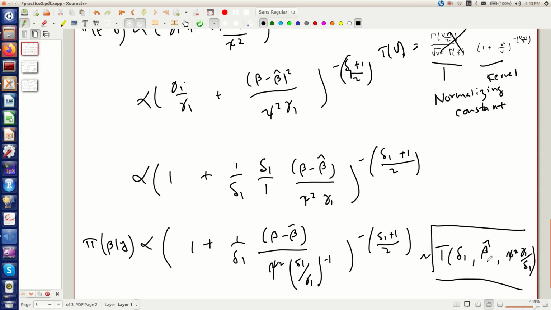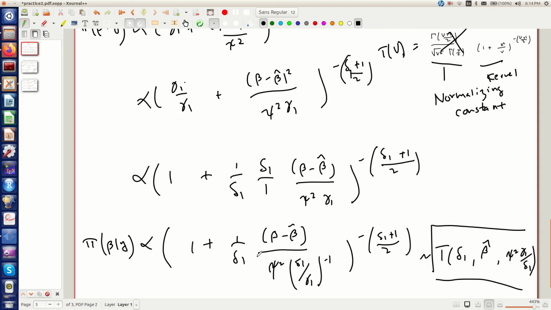So its mean would be here, so a good guess of its mean would be this parameter. You can compute it. You could compute an interval estimate using the variance and things that you know about the t.